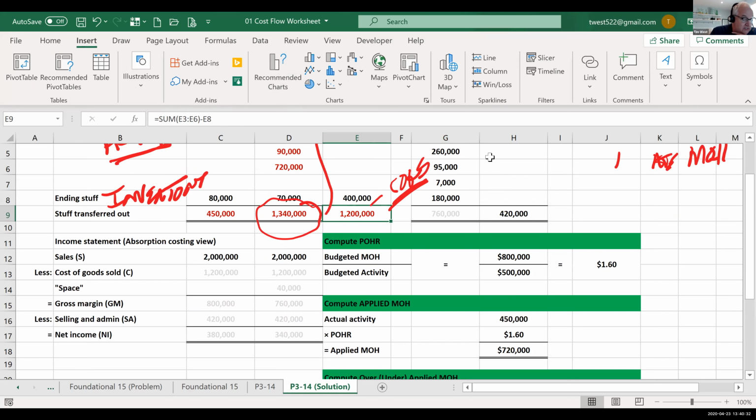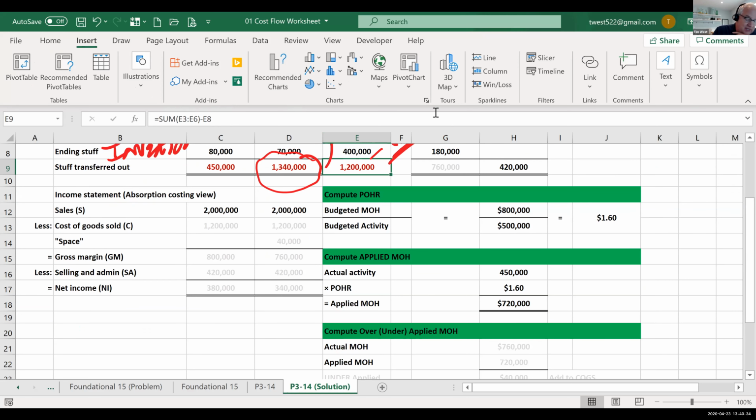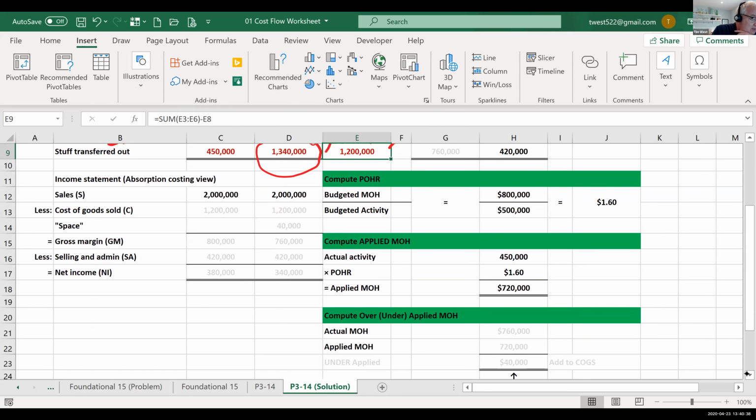One of those things is going to be how do we get income? And then how do we deal with this idea of over or under applied overhead? Because one of the things we know is, as Eric pointed out, applied overhead is just another updated estimate. But eventually we have to compare it to what actually occurs. So that's where we are.